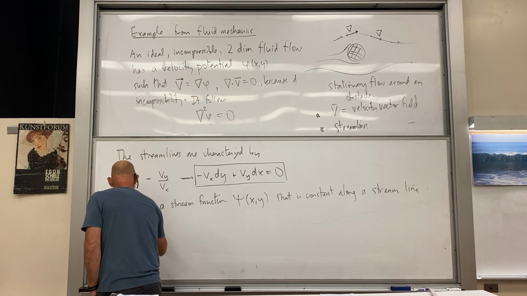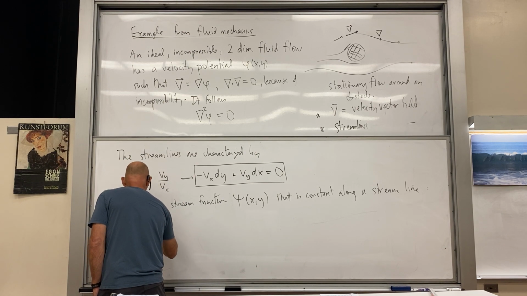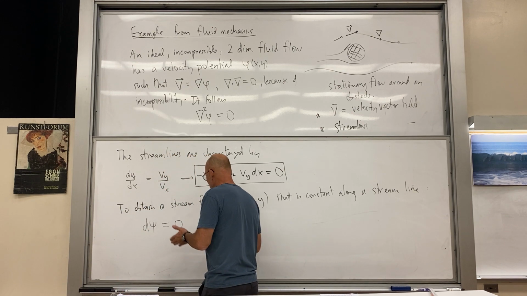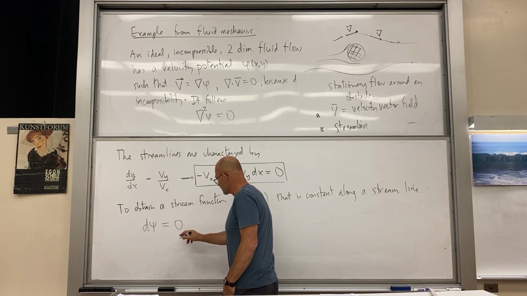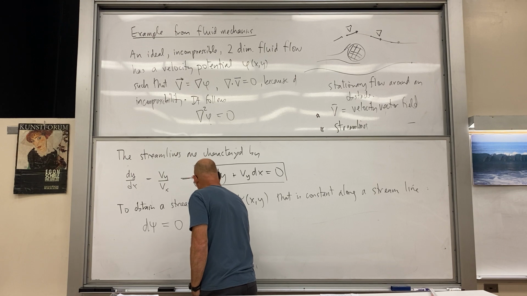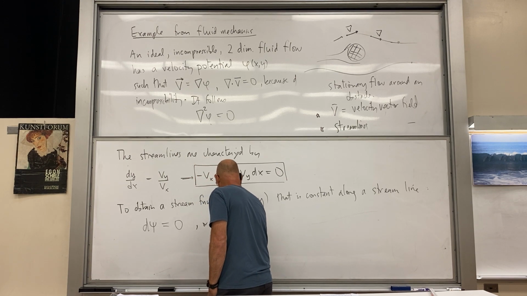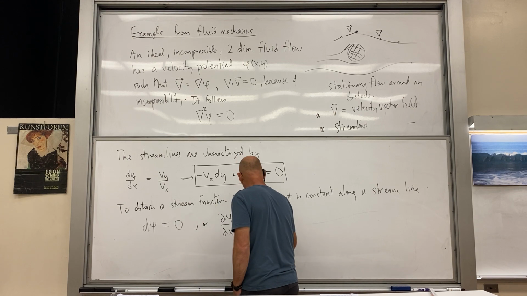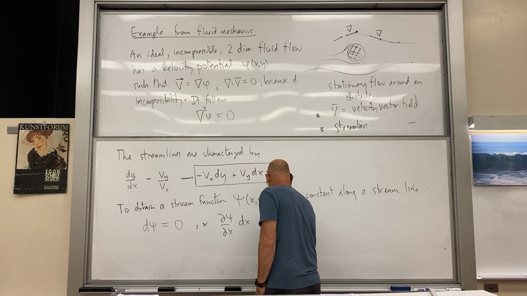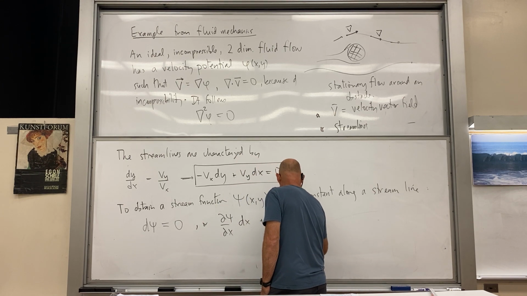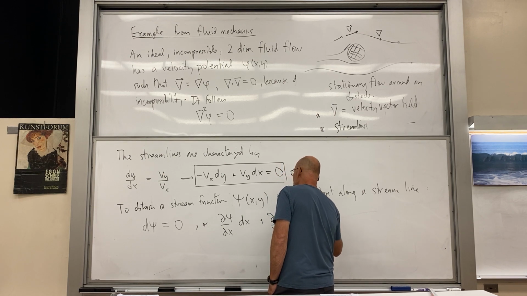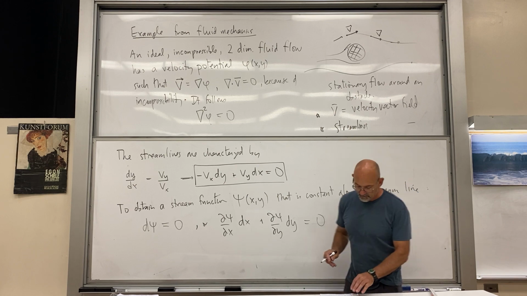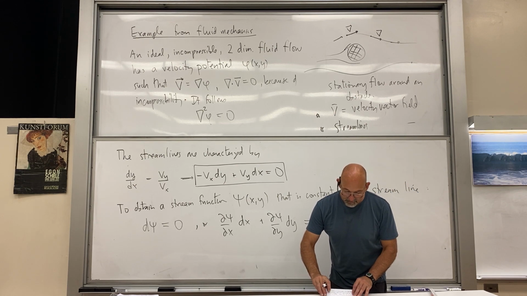We'll say that dC is equal to 0 because it's constant along the streamline, so its differential along the streamline is equal to 0, or dC/dx dx plus dC/dy dy is equal to 0. So let me put the minus sign in the right place.